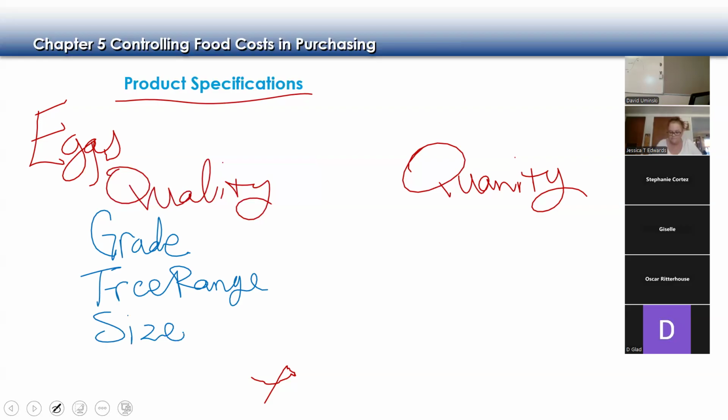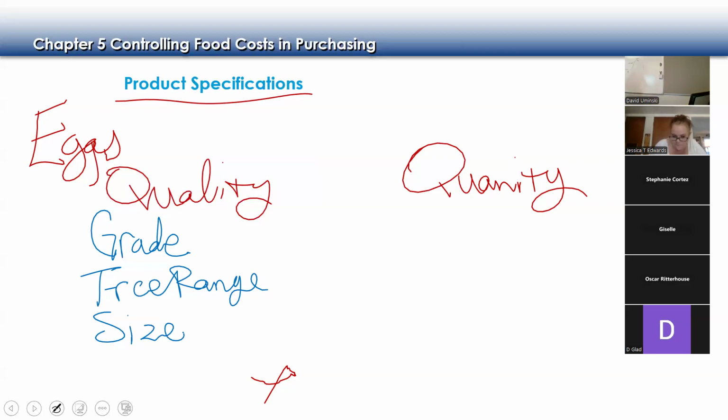Why is size of eggs important? It depends on what you're making. It goes with the portion size. Okay, good.